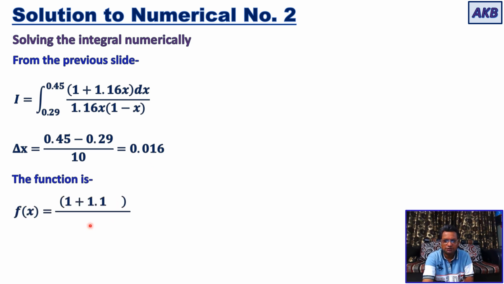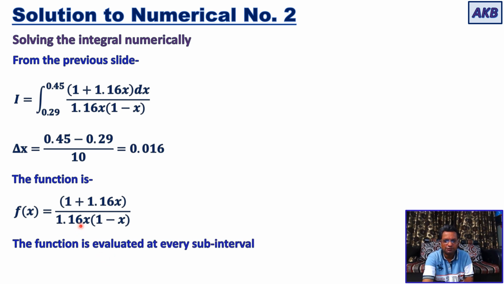Now the function we are supposed to integrate is 1 plus 1.16x divided by 1.16x into 1 minus x. Our task is to evaluate this function at every subinterval, which is required for using the trapezoidal rule. Okay, so let us move further.